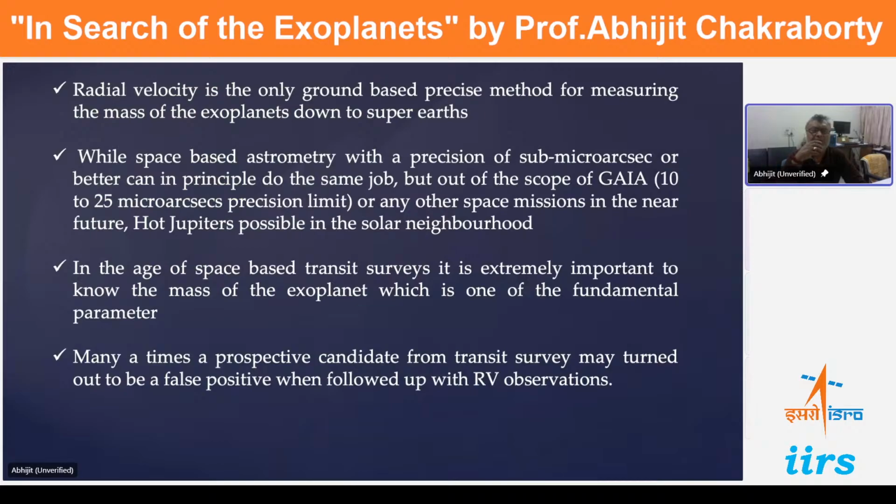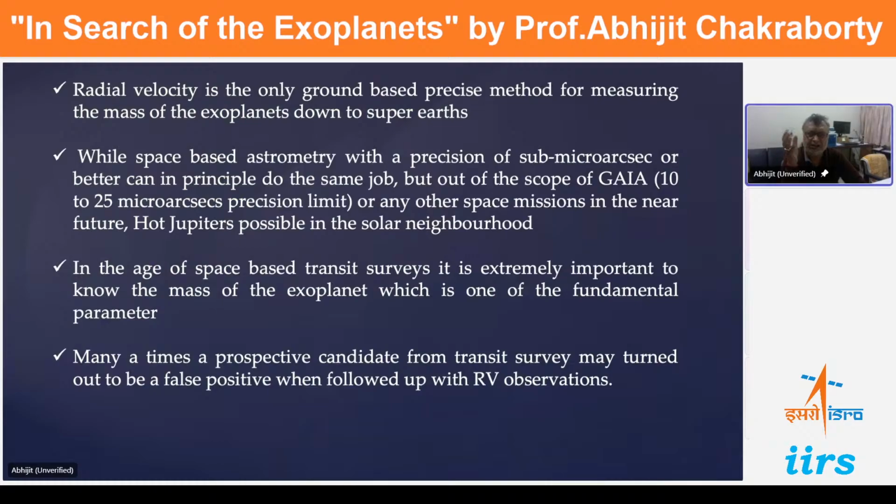So to sum up, radial velocity is the only ground-based precise method for measuring the mass of exoplanets down to super-Earths, depending upon your instrument precision. Space-based astrometry with a precision of sub-micro arc second or better can in principle do the same job, but it is out of scope for Gaia, which has a 20 to 25 micro arc second precision limit. So you can do Jupiters around stars.